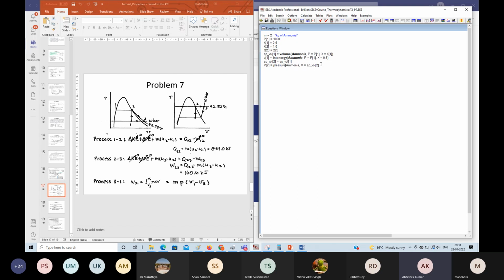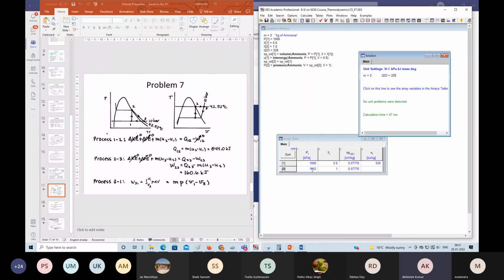Okay. Then x equal to 1. Let me run. Yeah. So how much is the P2? P2 is 1662 kilopascal. That means 16.62 bar.